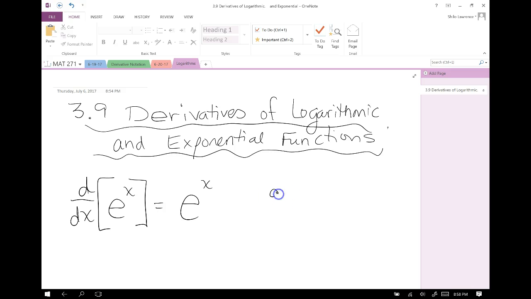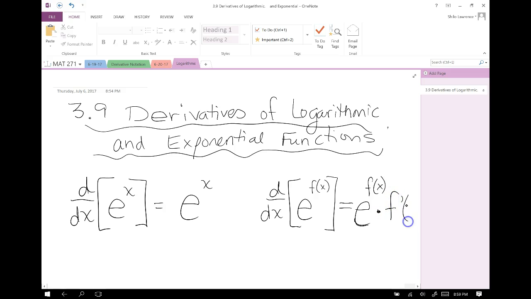So if we were asked for the derivative of e to the f of x, so that exponent could be any function of x. Remember, the derivative for e always contains itself, but then we would also have to multiply by the derivative of the exponent. And that's just the chain rule. That's what the chain rule says we have to do. So we would also say times f prime of x.